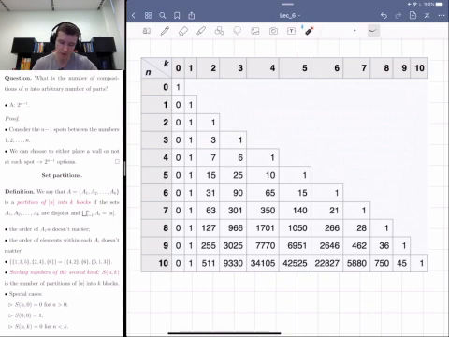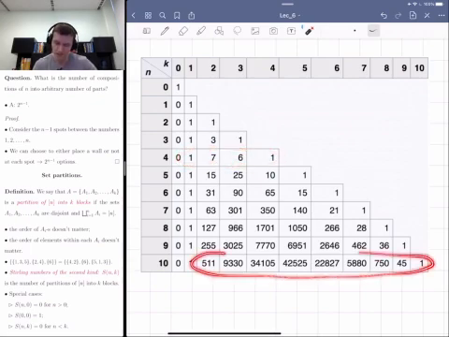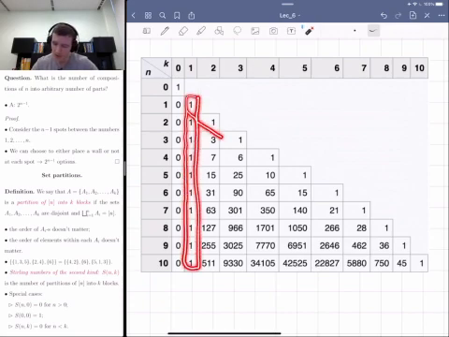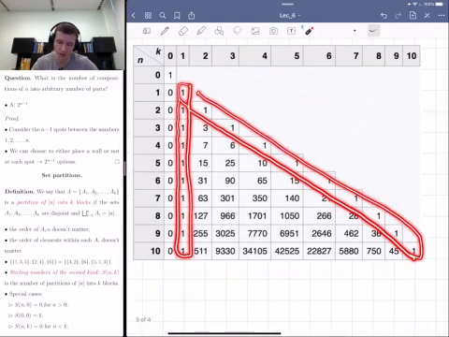I already showed you in my picture that the 4th row was 1, 7, 6, 1. And then you can see that these numbers grow pretty fast. Also, our initial conditions are naturally included in this table. You always have these ones: a triangle whose sides are all labeled by 1, and there are zeros everywhere outside of these ones.